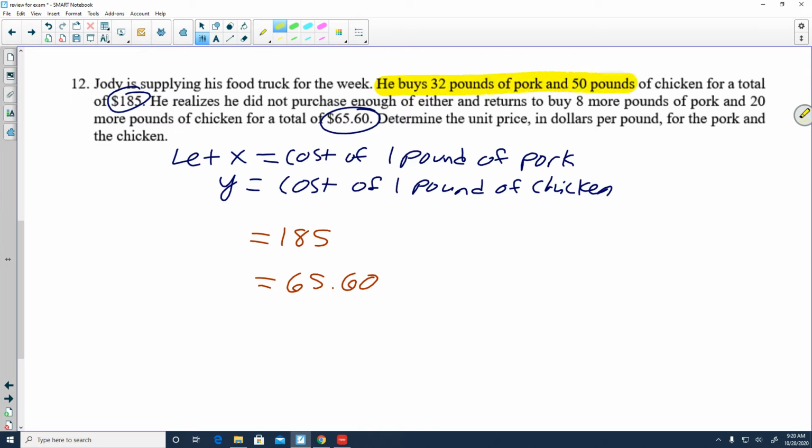He buys 32 pounds of pork and 50 pounds of chicken. 32 pounds of pork, 50 pounds of chicken.